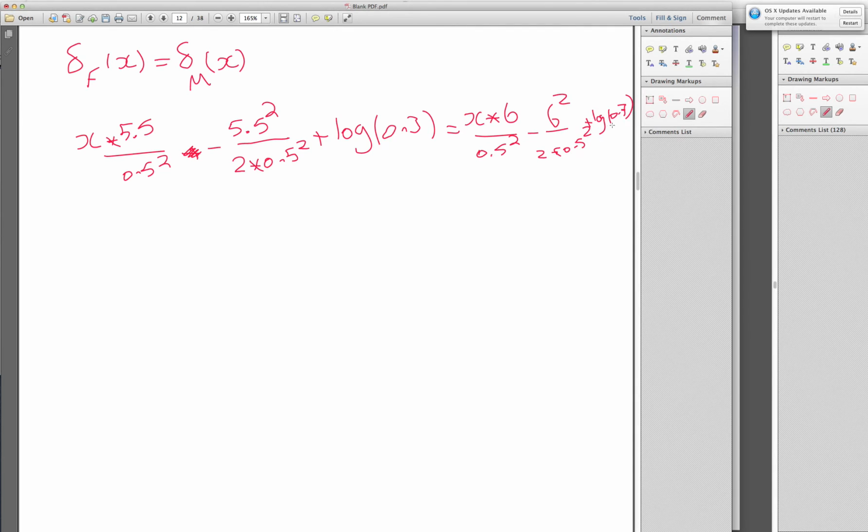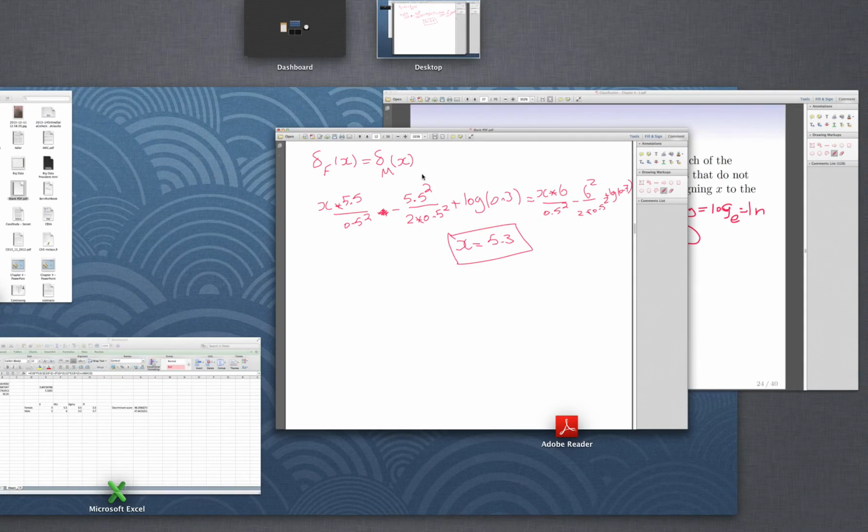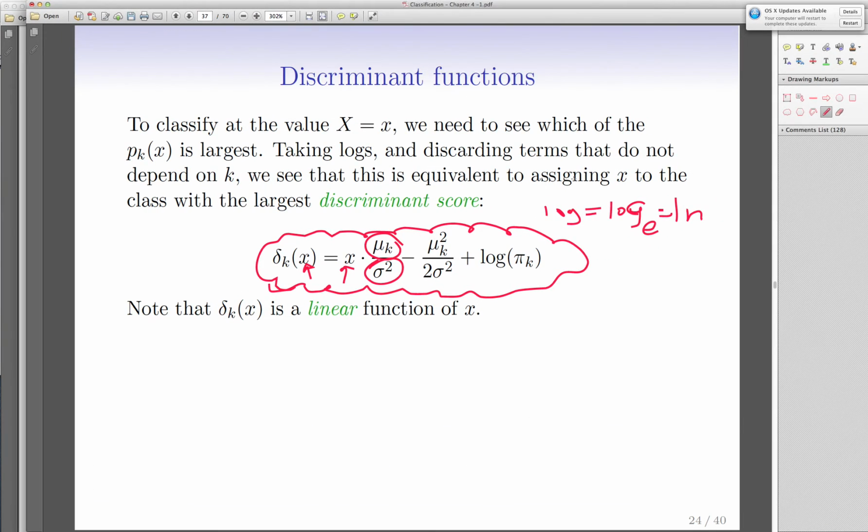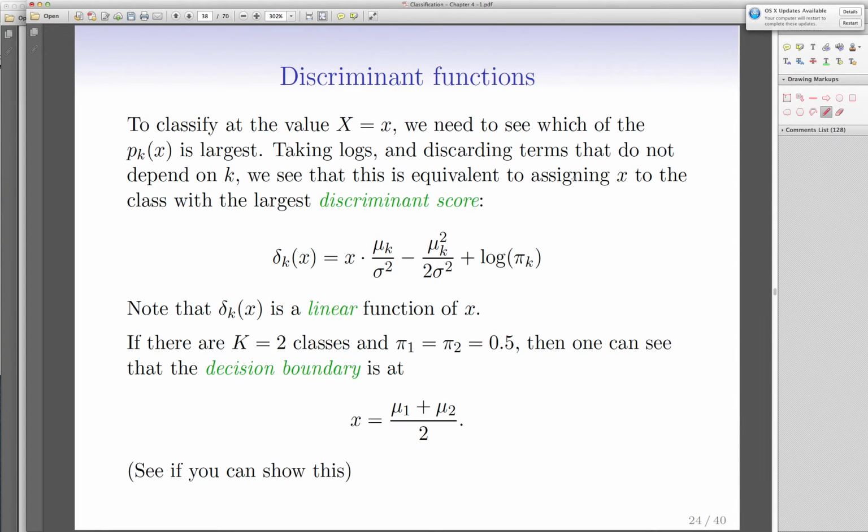The x that solves that is x equal to 5.3 that we found before, and that is where the boundary exists. So when you use discriminant scores, it's extremely easy to find the boundaries. And as you can see, this is a linear function of x, and that's why it's called the linear discriminant score.